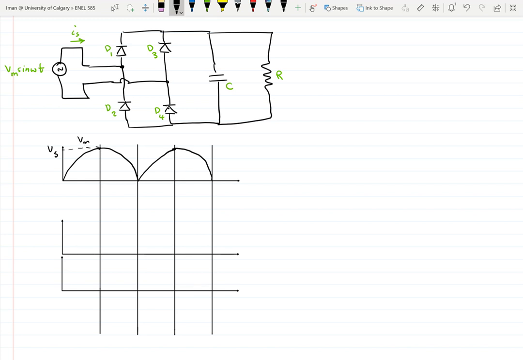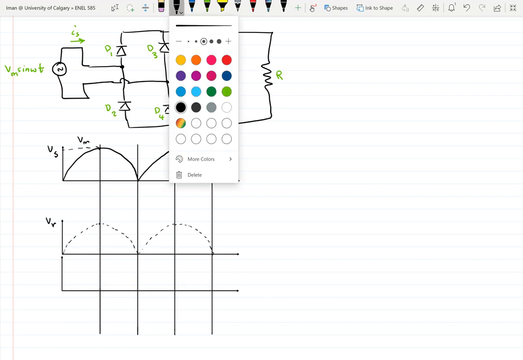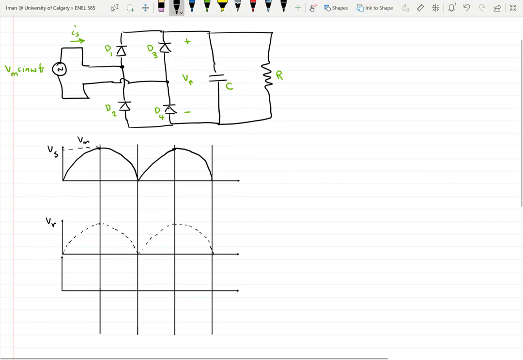And then I have my V_R, which is the rectified voltage here. If I draw the V_s as these dotted lines, my V_R would be something like this, these solid lines here.